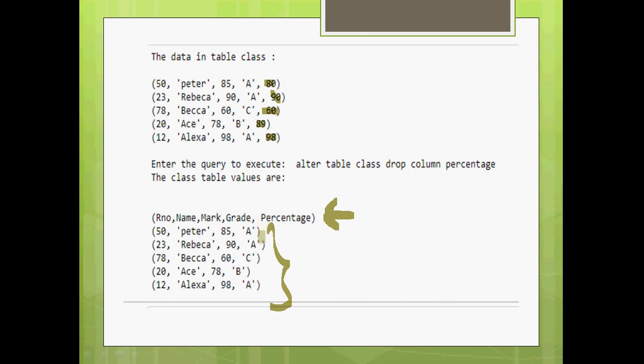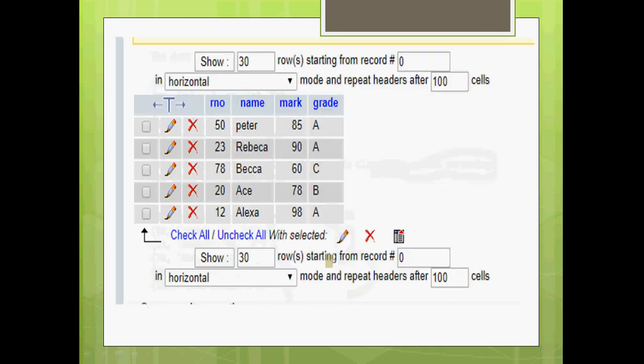The last column has been removed. It is done. So there is no need to go back to Python or phpMyAdmin for checking this. It is possible through Python itself.